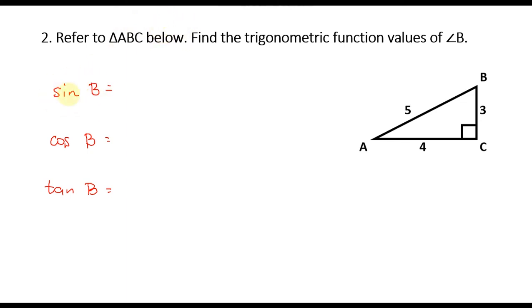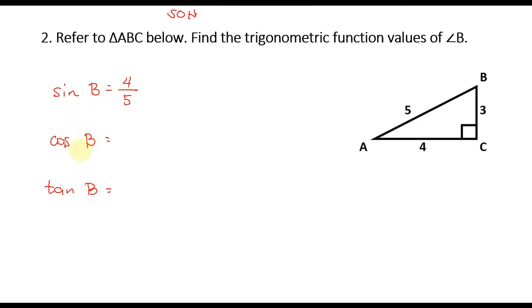If you're going to start with sine, you can have SOH. So for SOH, again, the formula is opposite of the reference angle over the hypotenuse. So our reference angle is B. So B is in here. So the opposite side of angle B is 4. So 4 is your numerator. The denominator is, as you can see, the biggest number here, which is 5. So that will be your longest length. So that is your hypotenuse.